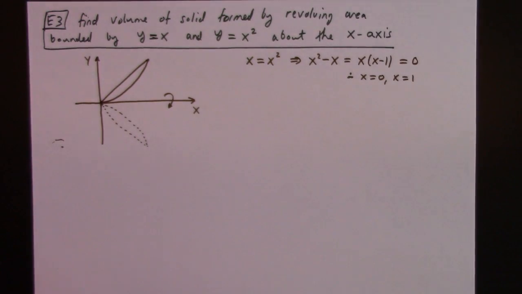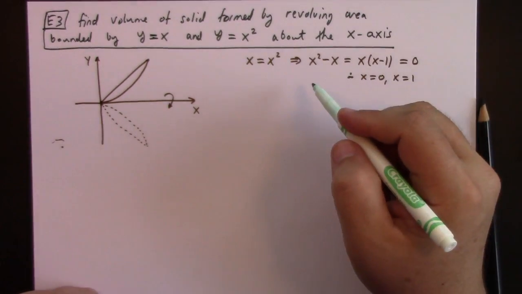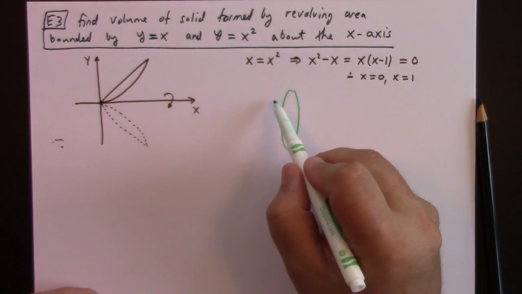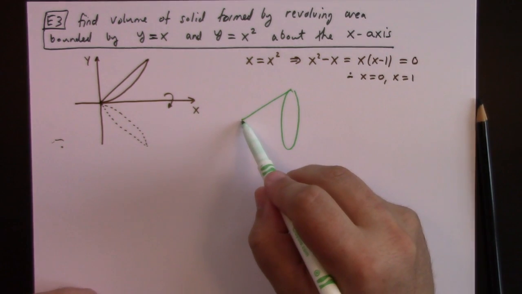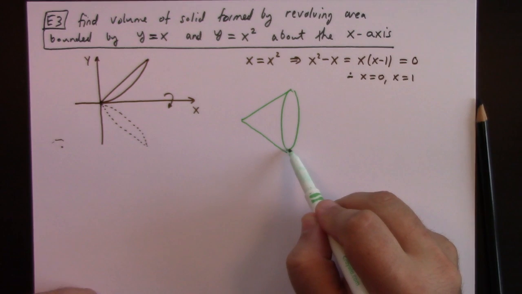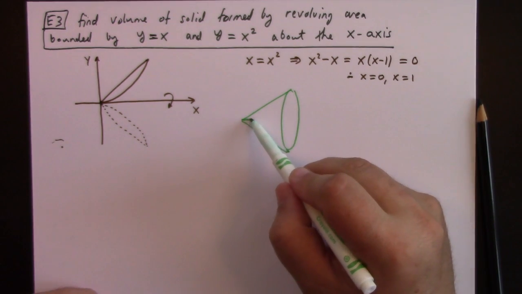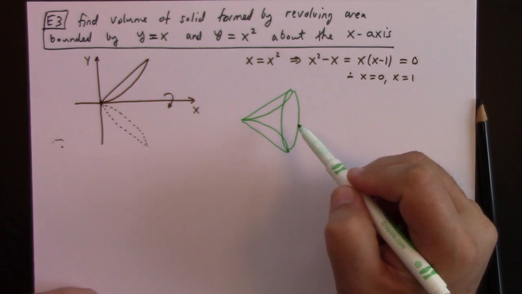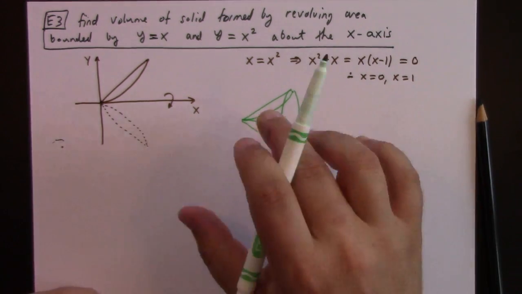If I was so foolish as to try to draw a picture of it, I guess I will. It's something, crudely speaking, like this. It's like a cone on the outside with some kind of weird, curvy, non-circular, non-right cone cut out of the middle of it.